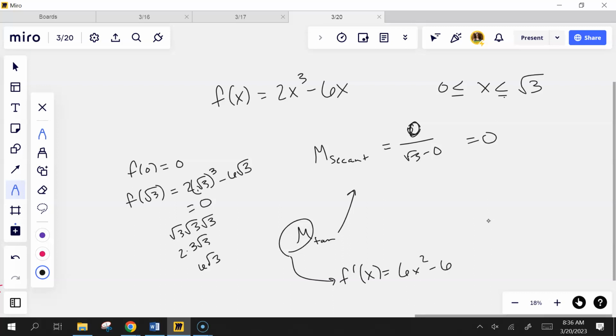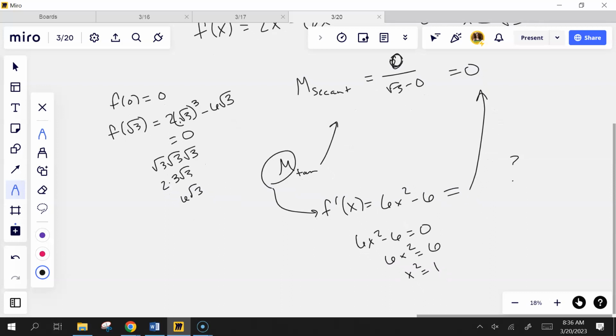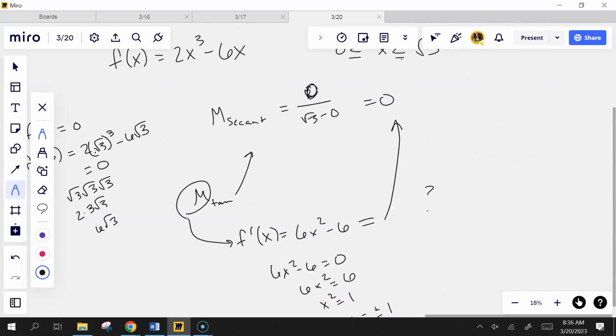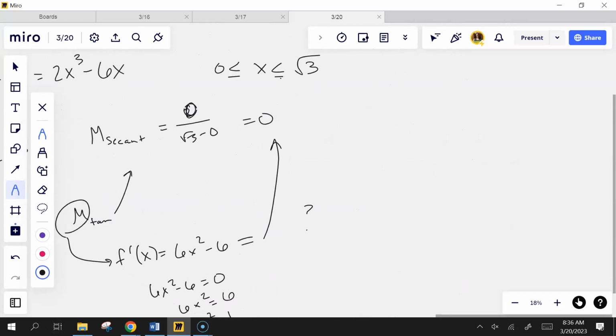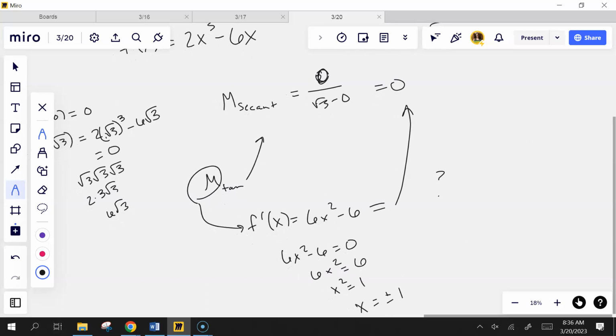So the question is, when does this equal this? So when is 6x squared minus 6 equal to 0? 6x squared equals 6. x squared equals 1. So it's when x equals plus or minus 1. I do have a range here of numbers that I'm looking between, 0 and square root of 3. So it only happens one time, and that's at x equals 1.